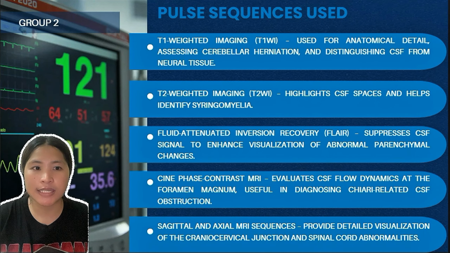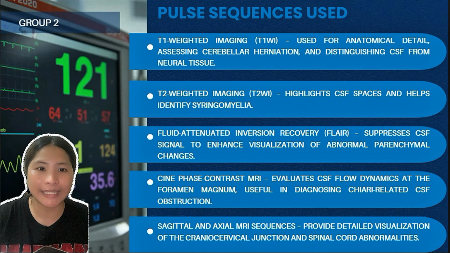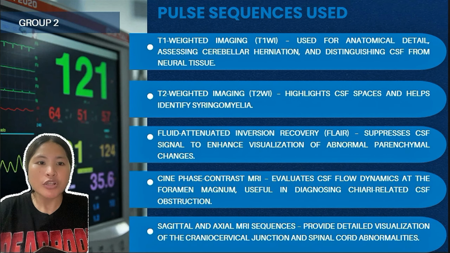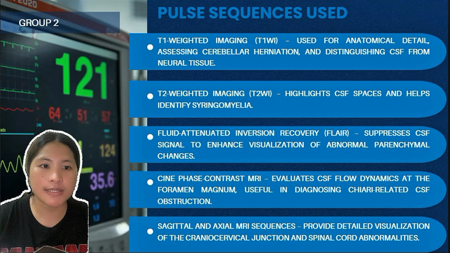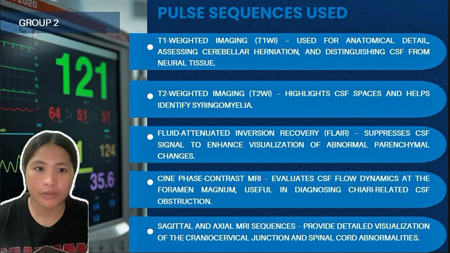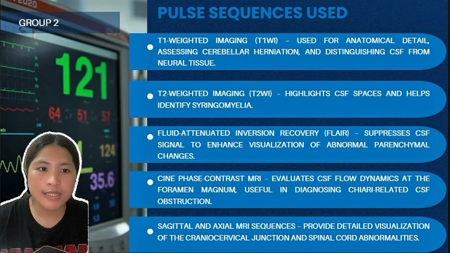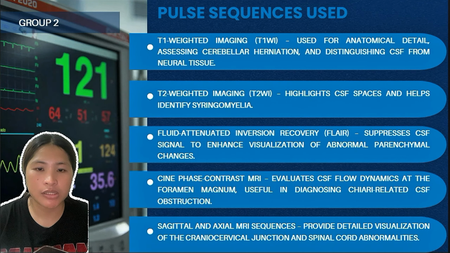So second is T2 weighted imaging, used for highlighting CSF spaces and helps identify syringomyelia. So next is fluid attenuated inversion recovery, which suppresses CSF signal to enhance visualization of abnormal parenchymal changes.